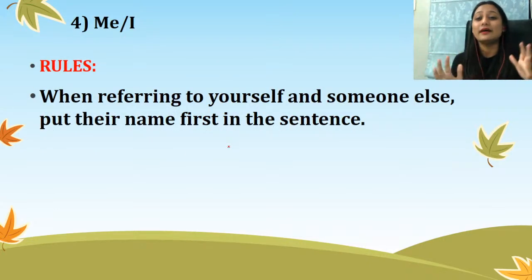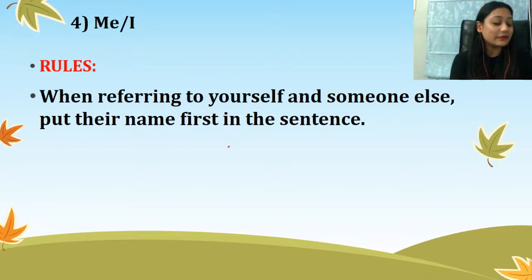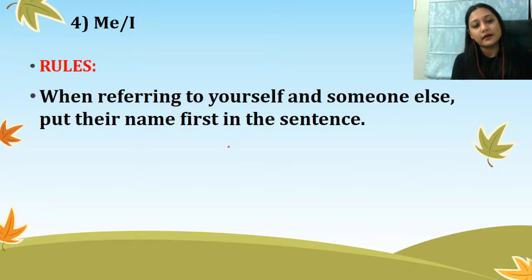Next is me and I. Oh my god, I have seen many people making mistakes when it comes to when you are supposed to use me and when you are supposed to use I. The only simple way to find it out is that you need to put yourself in that situation.